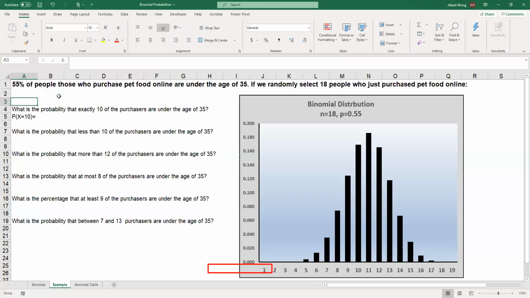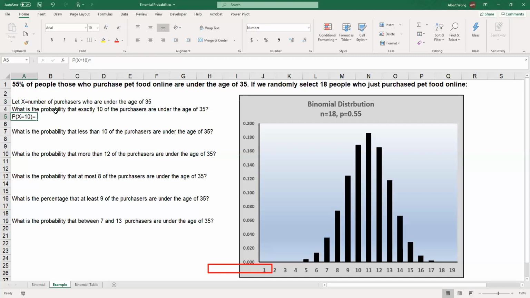So if I really want to be exact, I would say let x equal the number of purchasers who are under the age of 35.